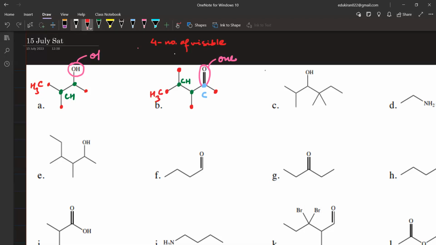Now, similarly, in the next structure also, we have this OH, which is going to be alcohol. And then the carbon atoms are going to be CH3, CH3, CH3, CH3, CH3. And then I have a few CH. This is the CH, this is the CH, right?